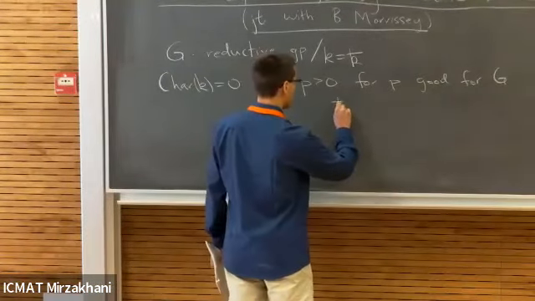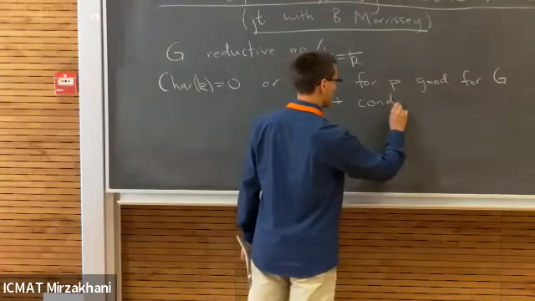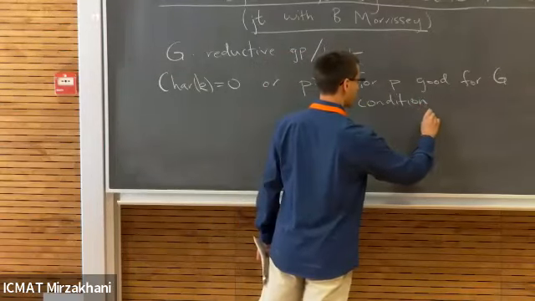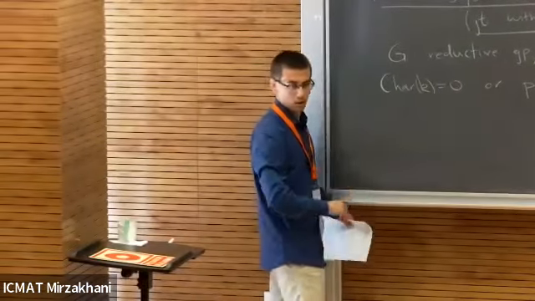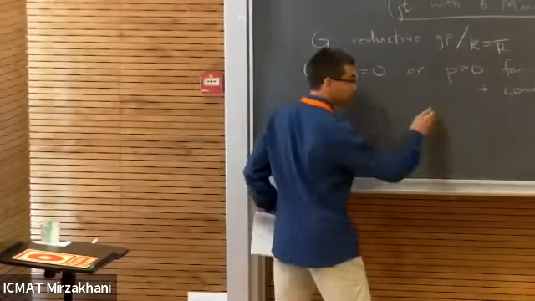Also, I'm going to need to add one technical condition, which I'm not going to say now. It's going to be a condition on what will be the restricted root system, but I can mention this later.